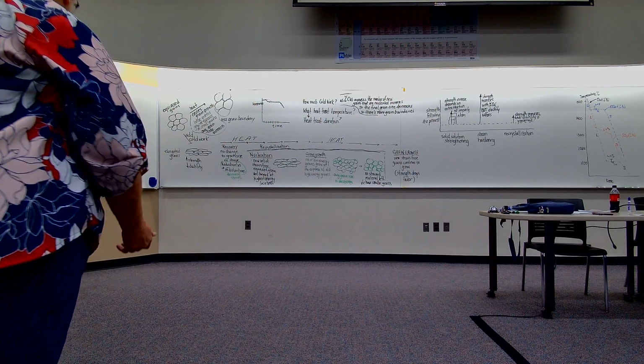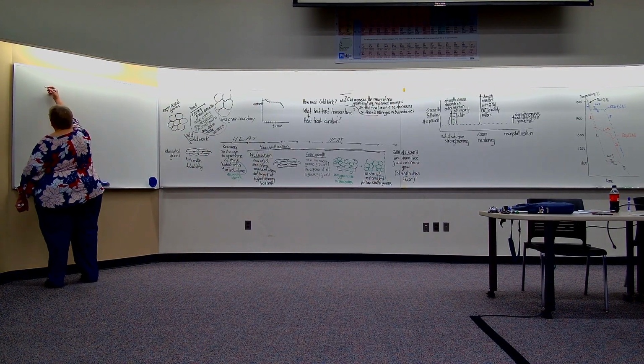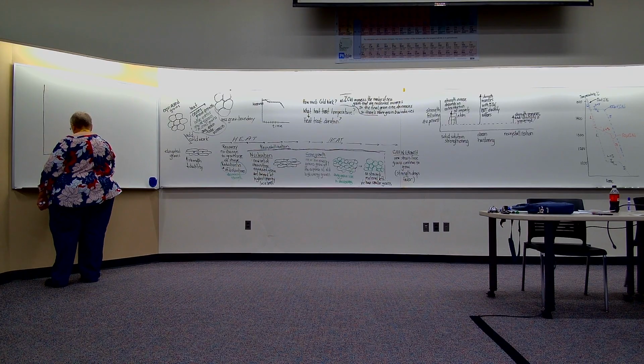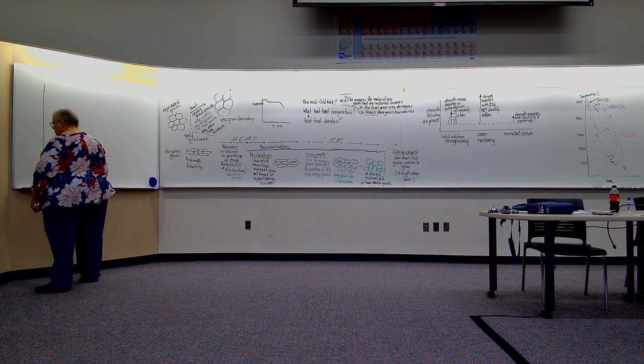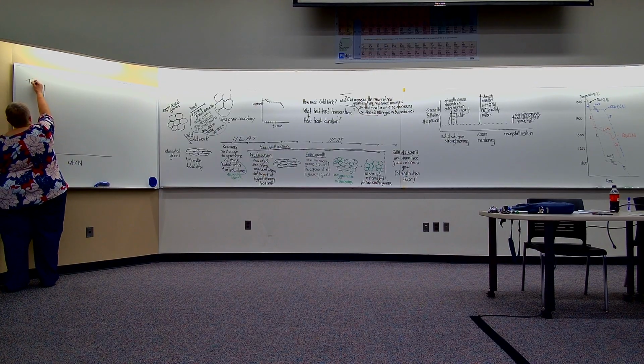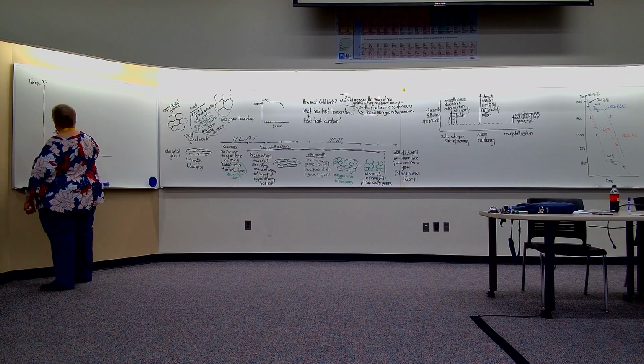So if I'm going to make a graph here, I'm going to have on my x-axis the weight percent nickel. And my y-axis is going to be the temperature at which these things change phase. And I need to be able to go from, looks like, 1,000 to 1,500.